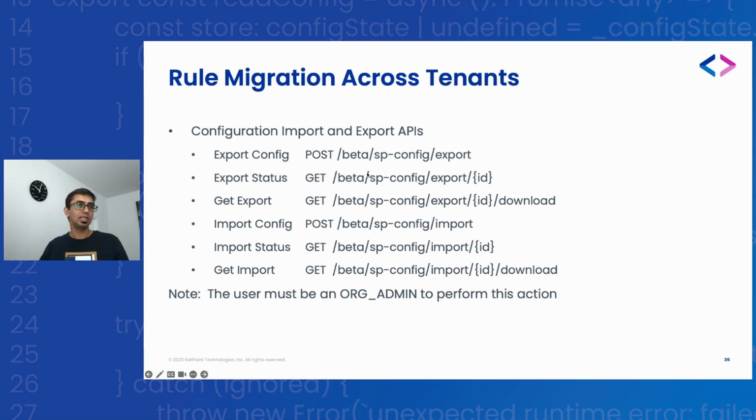Once we export, there is an API to check the status of the export, and another API to download the exported file itself. Then there is a series of APIs to import that downloaded exported file, check the status of that import, and then get the status of the imported data. Again, to run some of these APIs, the user needs to be an org-admin.